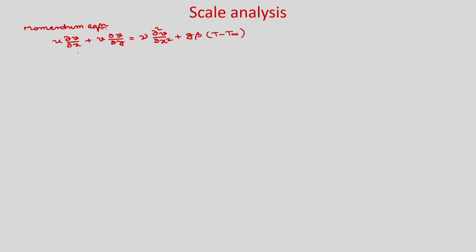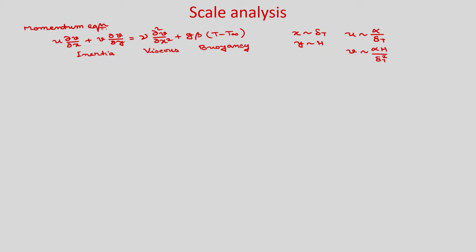So, these are inertia terms, this is your viscous term and this is your buoyancy term. And what is the order we have? x we have delta t, y we have H, u we have alpha by delta t and v we have alpha H by delta t square.